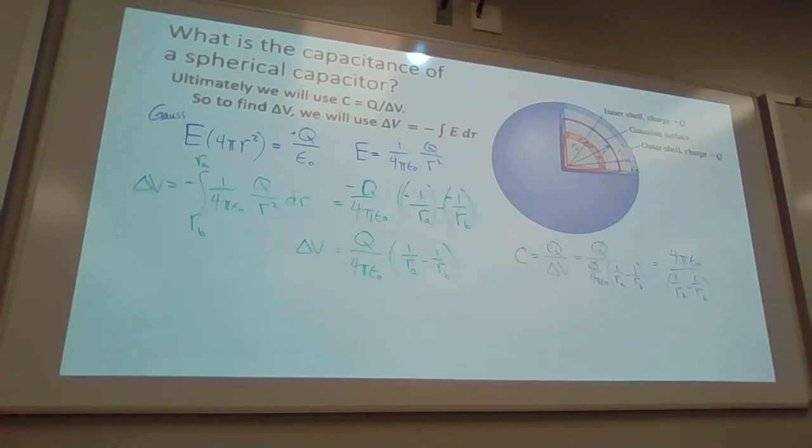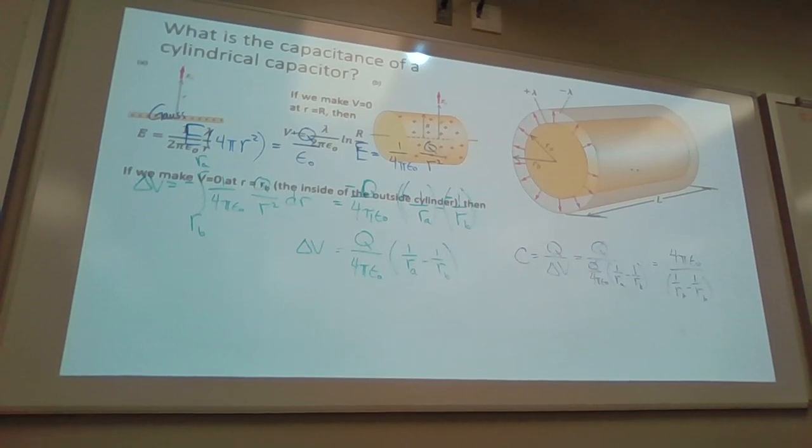For any real capacitor that's hooked up to a circuit, the charges would equalize anyways. I don't think you're going to be exposed to one of those, but I'll look that up.